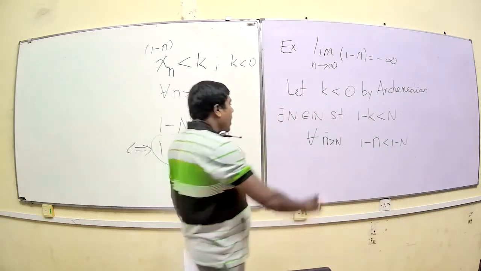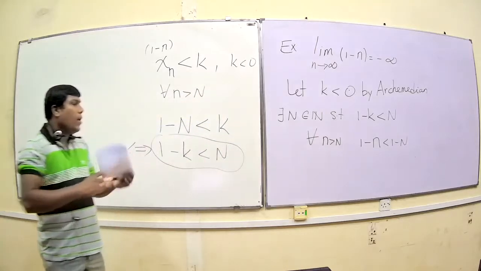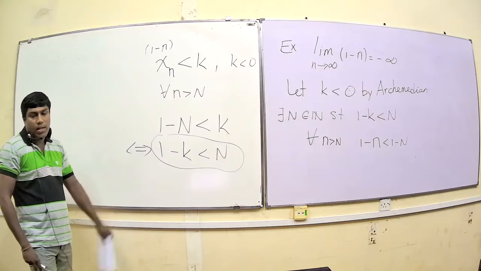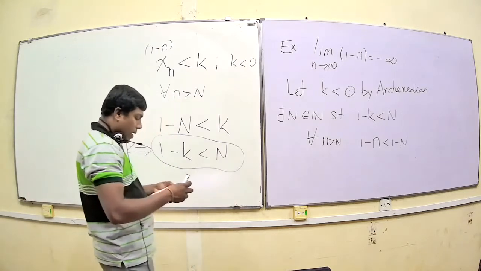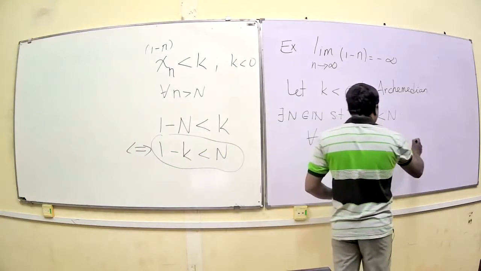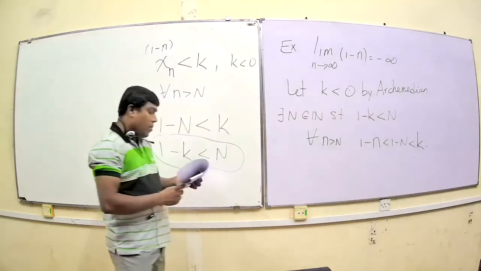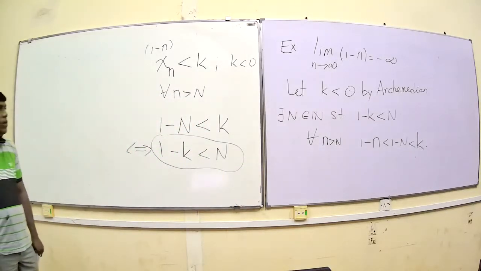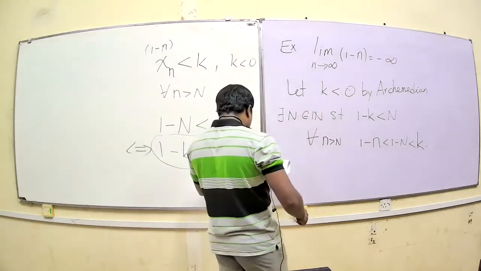That means for all little n greater than capital N, you know that 1 minus n is less than 1 minus capital N. That's obvious, the inequality property you studied earlier. But 1 minus capital N is less than k. So that is enough to show that the limit as n goes to infinity of 1 minus n is minus infinity.